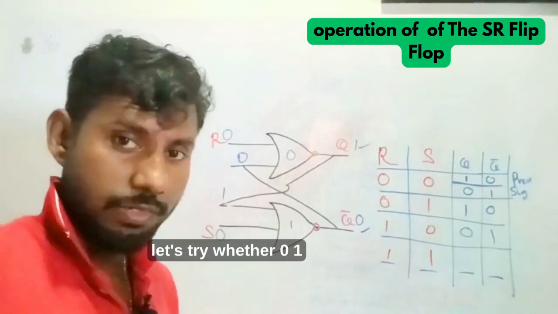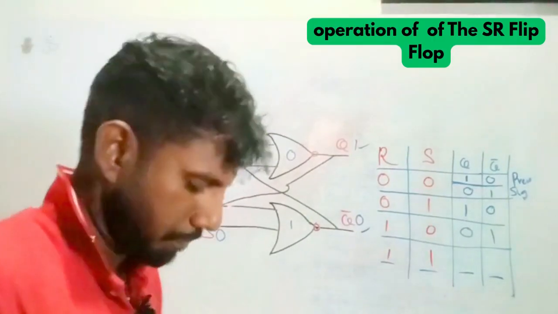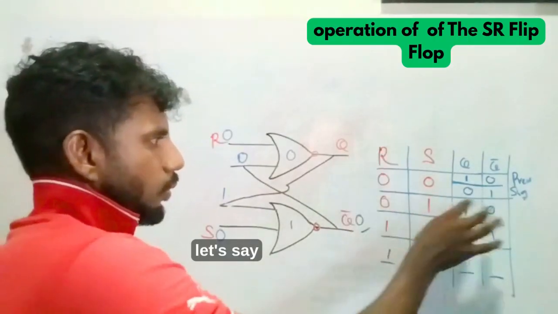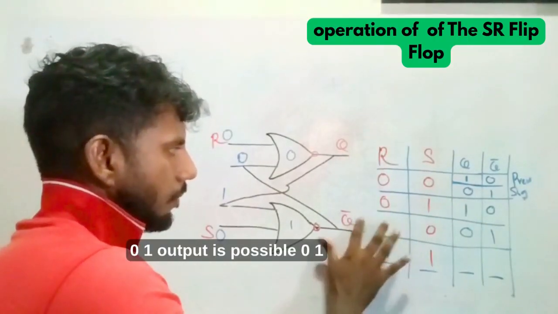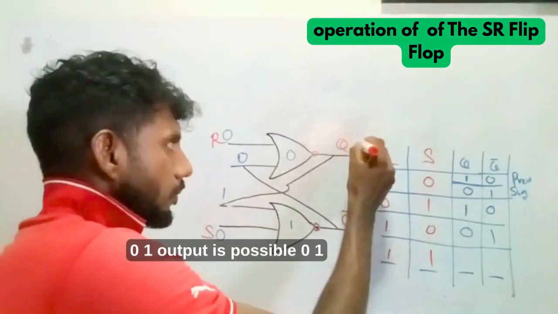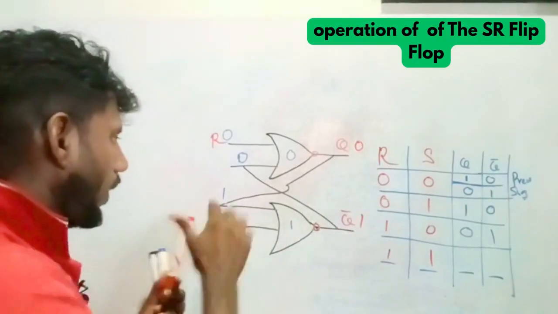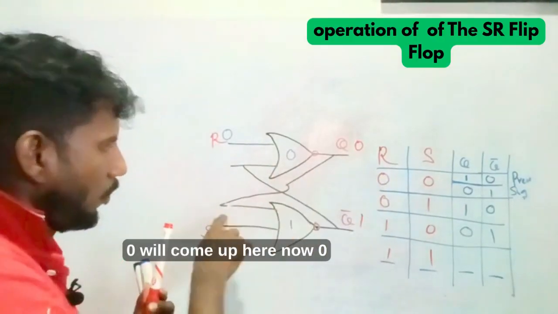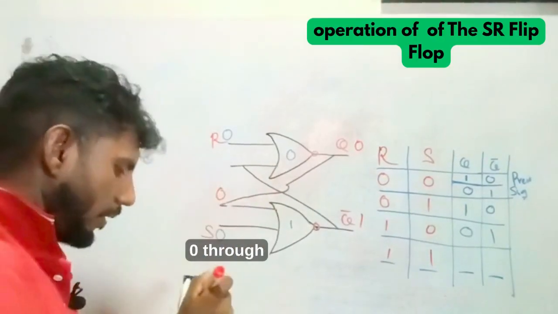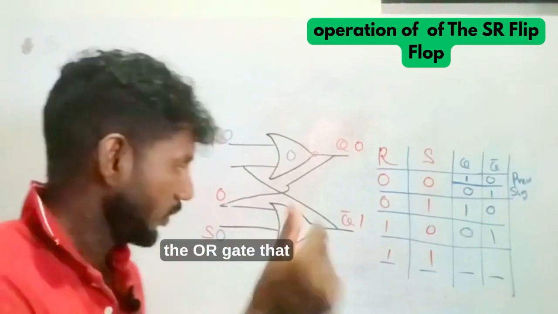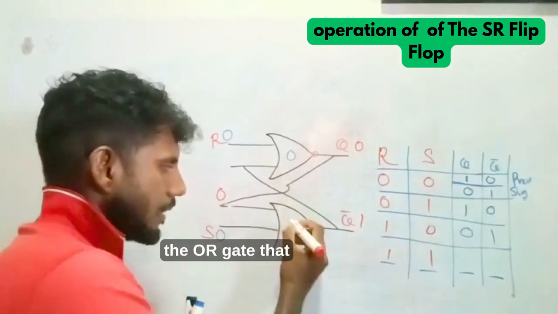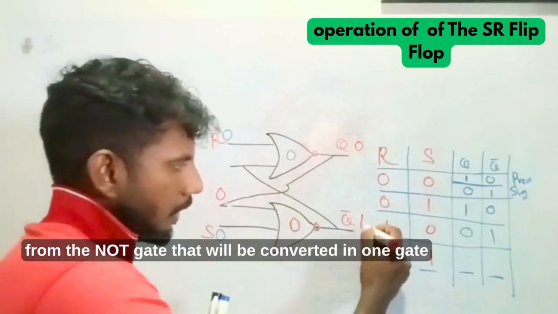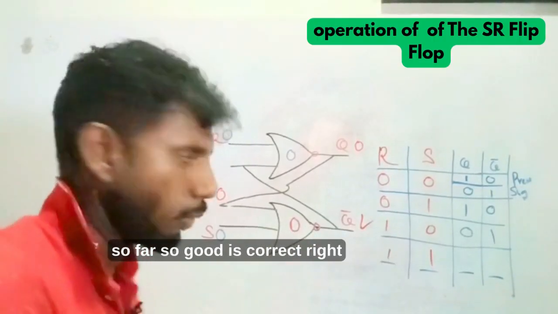Students, let's try whether 0, 1 output is possible. Let's say the 0, 1 output is possible. Now this 0 will come up here. 0, 0 through the OR gate is 0, and from the NOT gate that will be converted into 1. So far so good, it's correct.